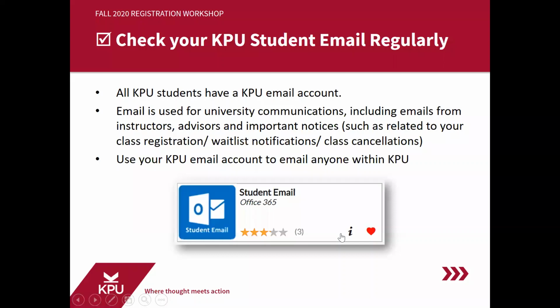If you're on a wait list and your class becomes available for registration, you will also be notified through your KPU email account. Or if there's any class cancellation, which we don't anticipate at this moment, but in case there are such notices, they will be sent to you through your KPU email account. So make sure you check your KPU email regularly, okay?